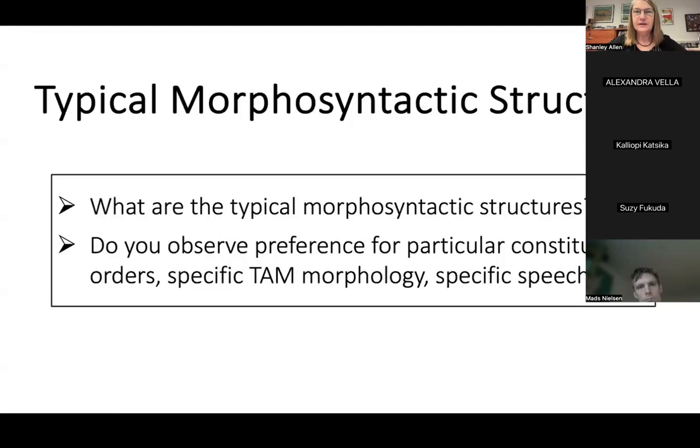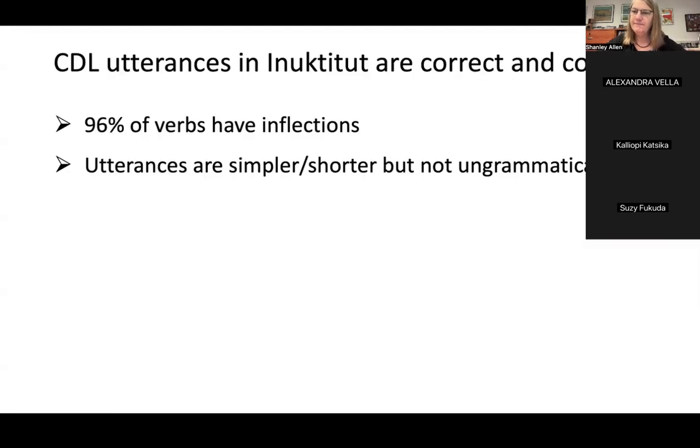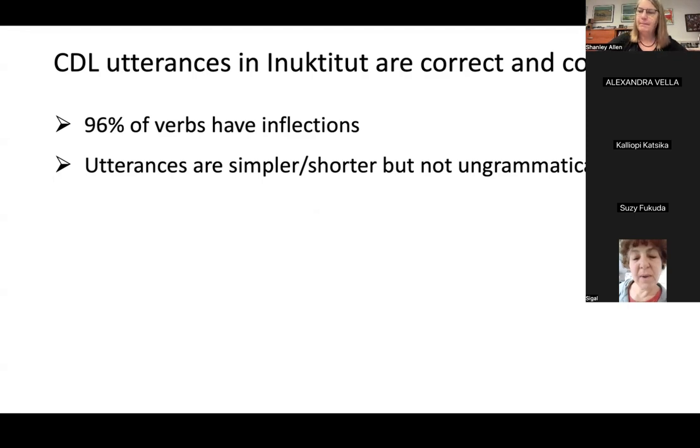Yes, Sigal? May I make a comment? Of course. In Hebrew, it doesn't necessarily have to be so, because as children grow older, or as language develops, inflection takes over overt pronouns, for instance. So you have the person and number incorporated into a prefix or suffix.